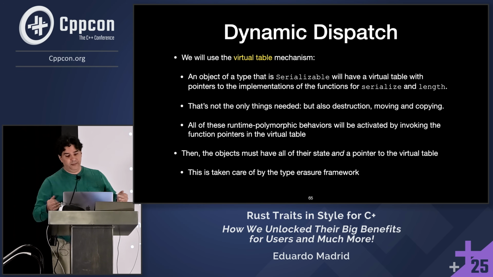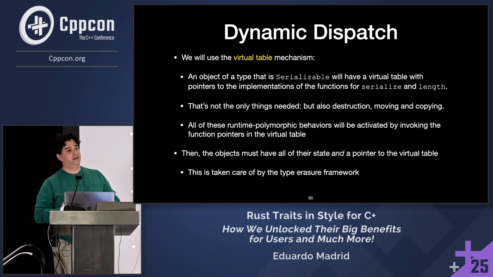That's not the only thing needed because we need to have full control of the thing. So we need destruction and movability and optionally copyability too. All of these runtime polymorphic behaviors will be activated by invoking the function pointers in the virtual table.